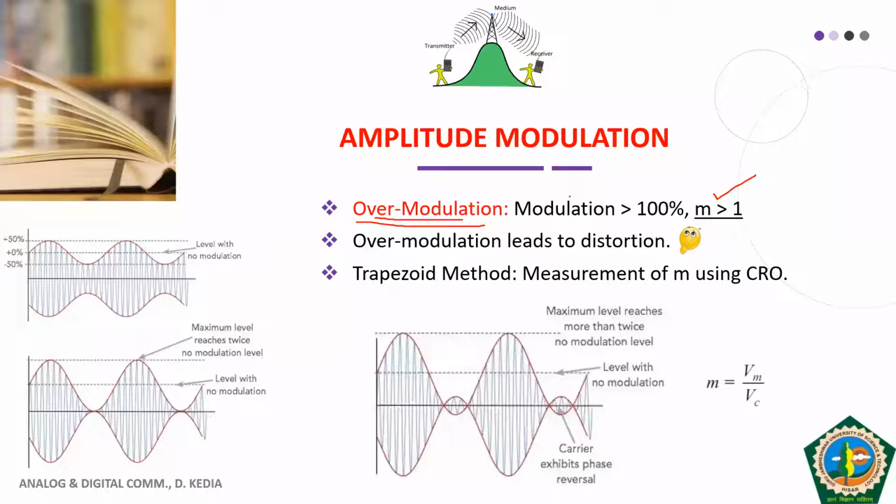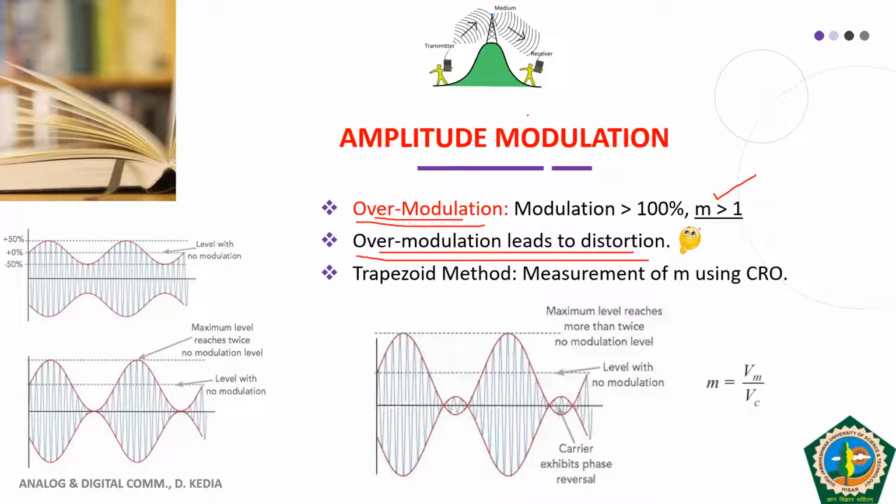Why is it so? Because over modulation leads to distortion of the signal. The purpose of modulation is to transmit the exact signal from one place to another place. That is the purpose of the carrier. And if because of our modulation our signal distorts, then there is no point in having that modulation.